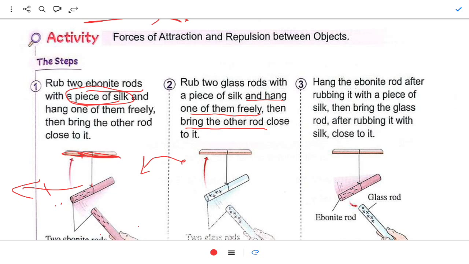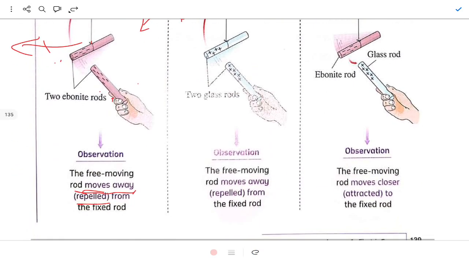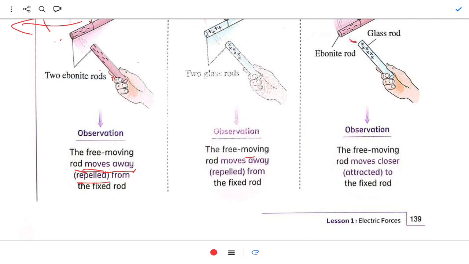Because the two rods are similarly charged with positive charge. All of them are positively charged because they were rubbed with the same object. So the free moving rod moves away from the fixed rod.